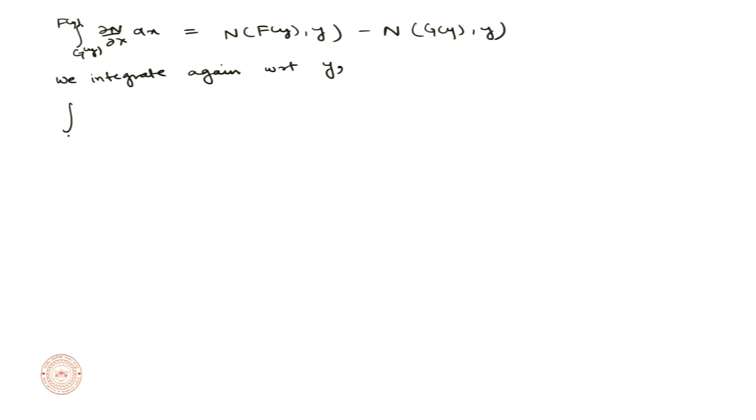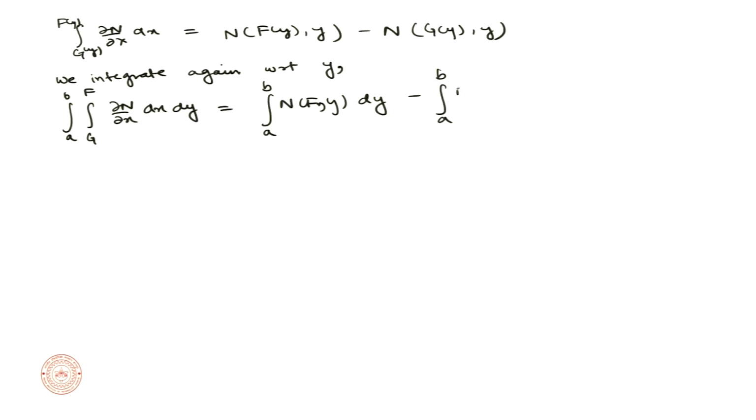So, we will have integration from a to b, integration from g to f, del n by del x dx dy, and this will equal the integration of this function from a to b of n of f comma y dy minus the integration from a to b of n of g comma y dy.